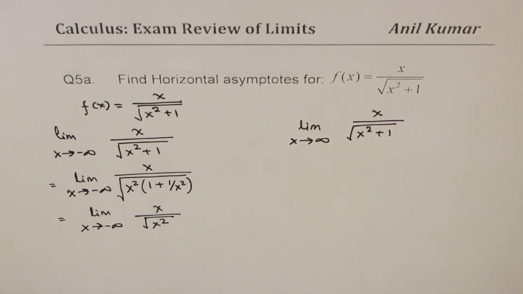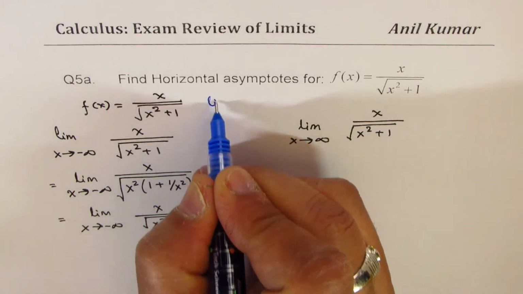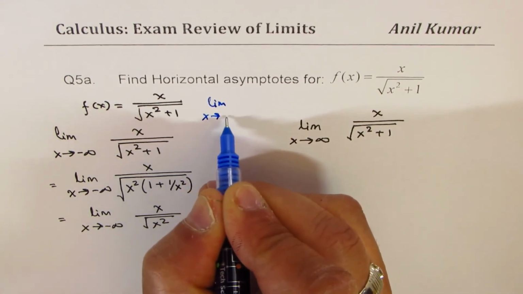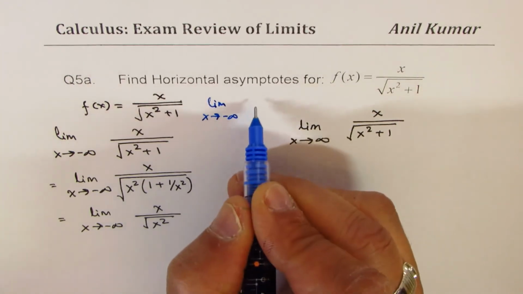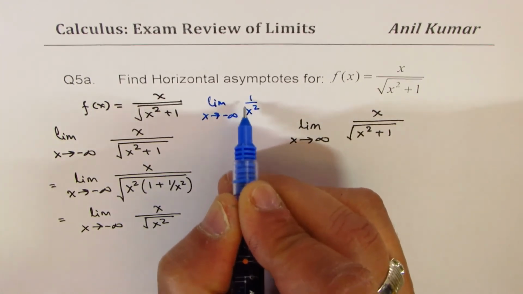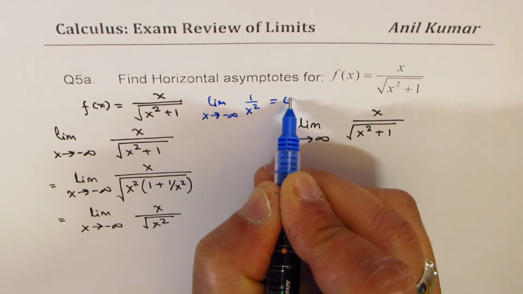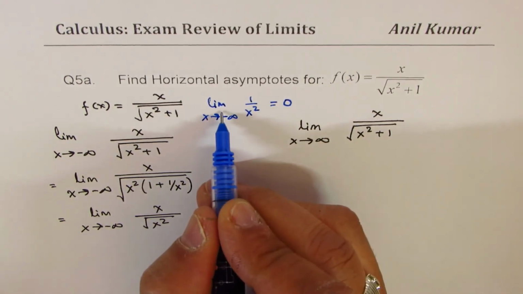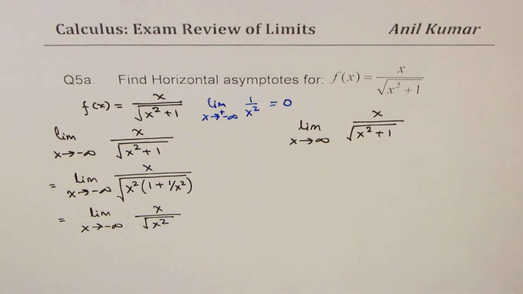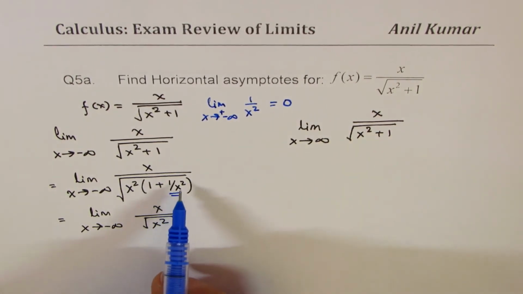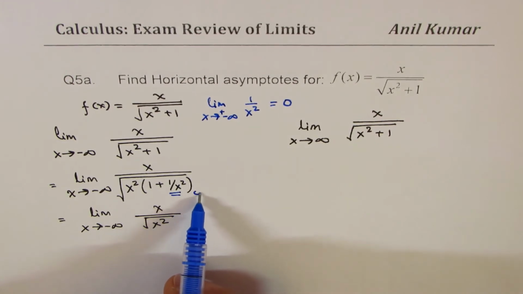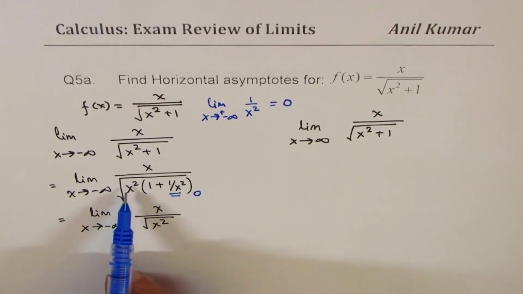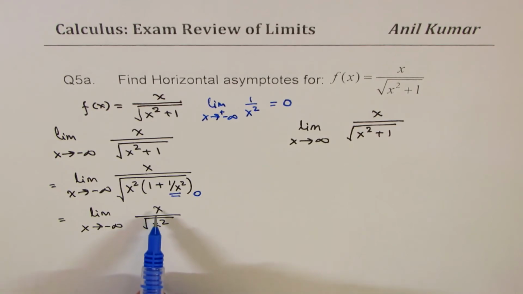Why did I do so? Simply because the limit as x approaches infinity or minus infinity or plus infinity for 1 over x squared is 0, right? When you're dividing 1 by a very large number, whether it is negative or positive infinity, you'll get 0. So this part is equal to 0, and we're left with 1 times x squared.